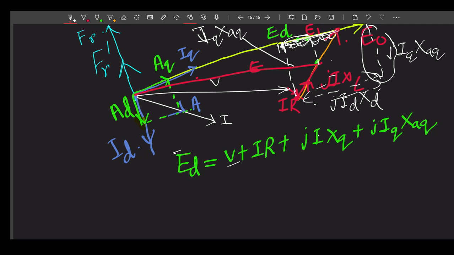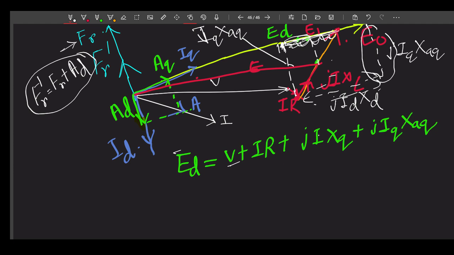Now what I am trying to do is this. If FR is your original field MMF, we can write FR dash is equal to FR plus AD, right?